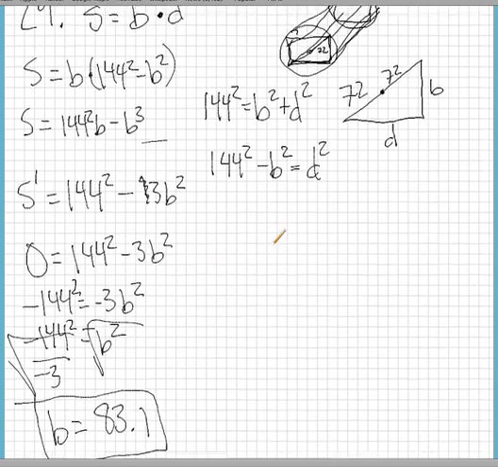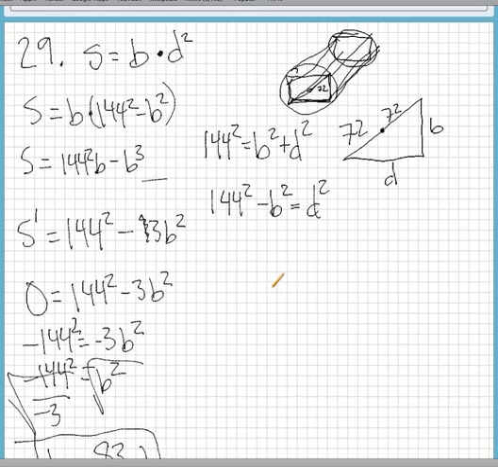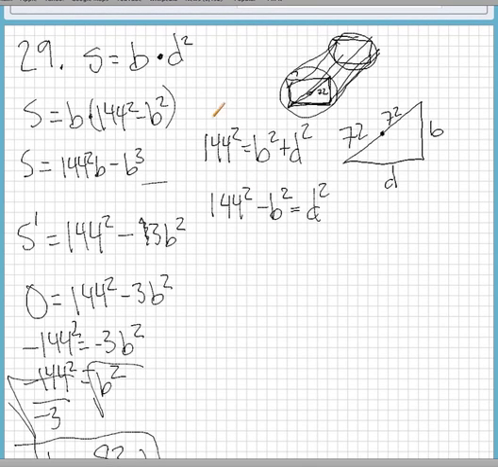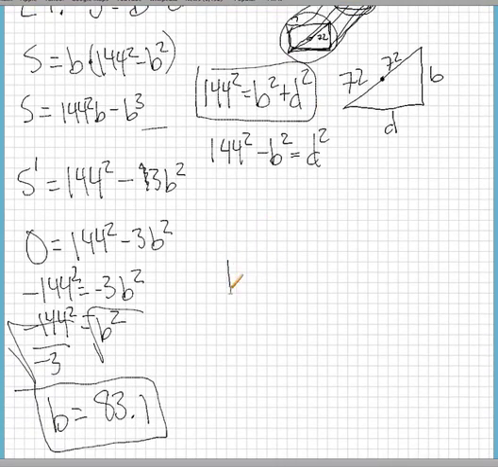Now to find the depth of it, we're going to just use the Pythagorean theorem again right here. So we're going to plug our breadth in. So it's 144 squared equals 83.1 squared plus d squared.